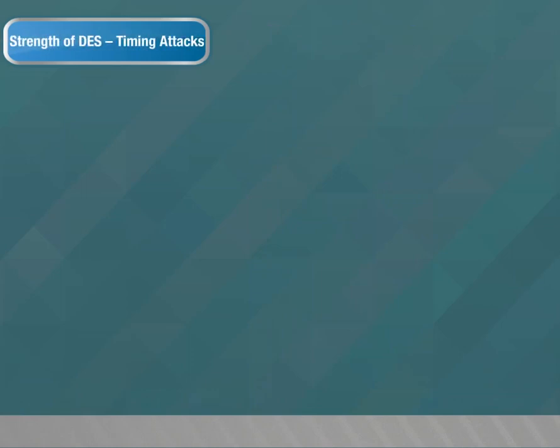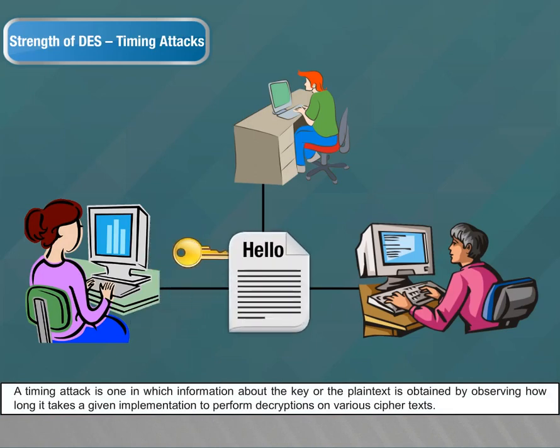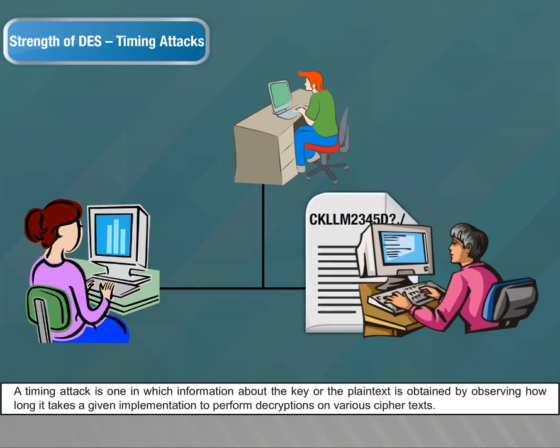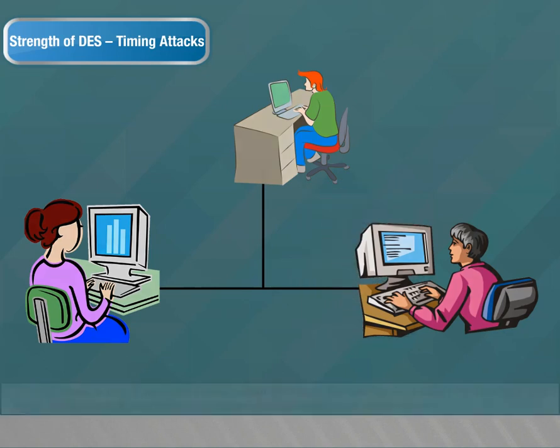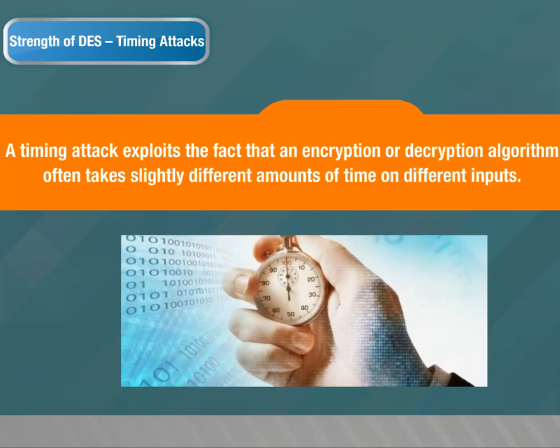Strength of DES: timing attacks. A timing attack is one in which information about the key or the plaintext is obtained by observing how long it takes a given implementation to perform decryptions on various ciphertexts. A timing attack exploits the fact that an encryption or decryption algorithm often takes slightly different amounts of time on different inputs.